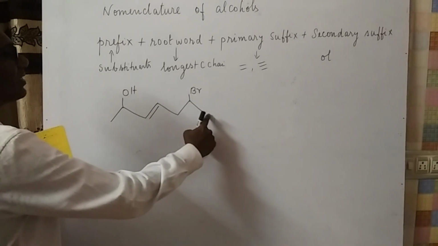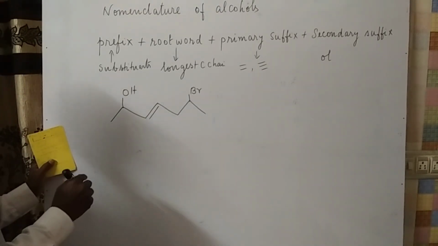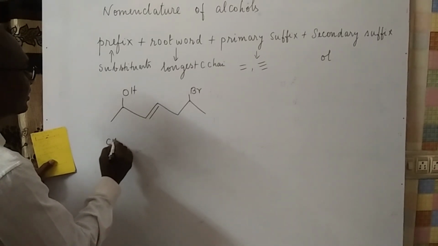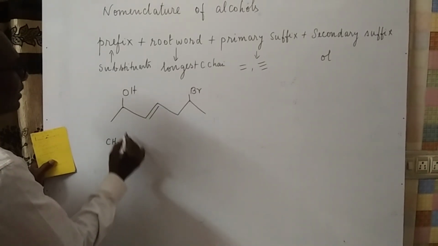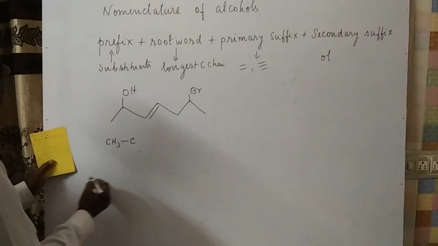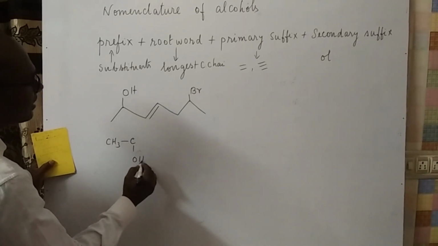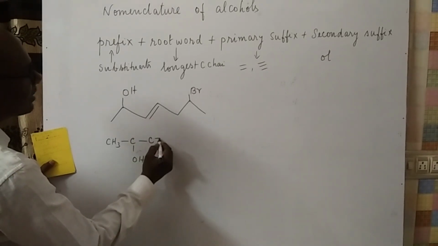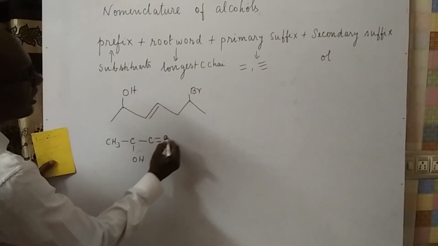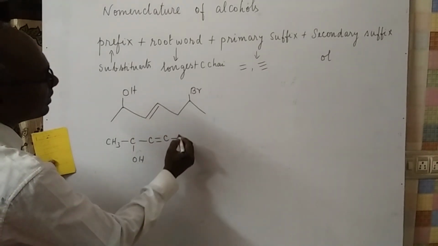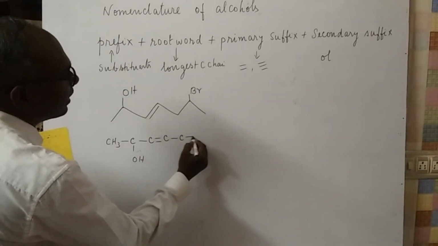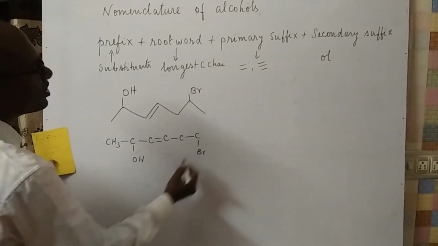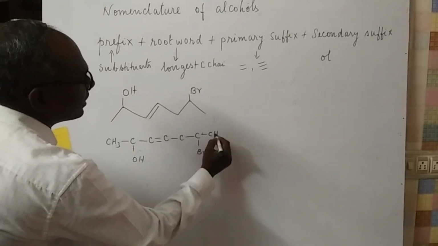First you write the chemical formula in detail. First CH3 here, then this carbon where OH is present, then this carbon, then there is a double bond, then this carbon, then a single bond, and this carbon to which the bromine is attached, and then finally CH3.